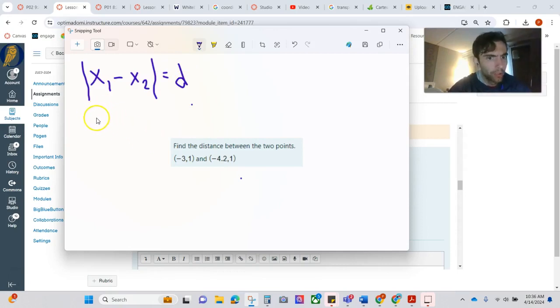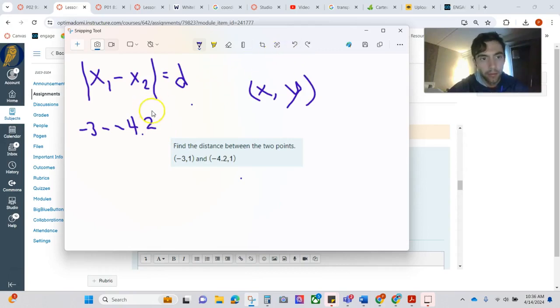Let's put this formula into action. The x value is the first number in the pair. The first x value is -3 minus, the next x value is -4.2.